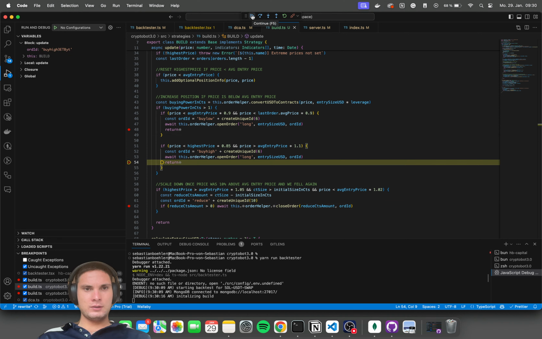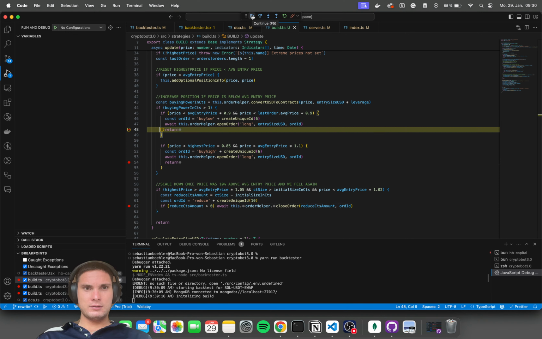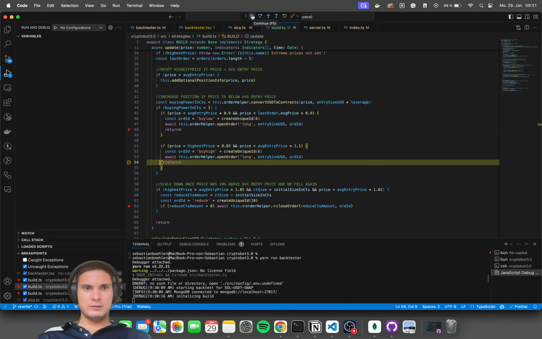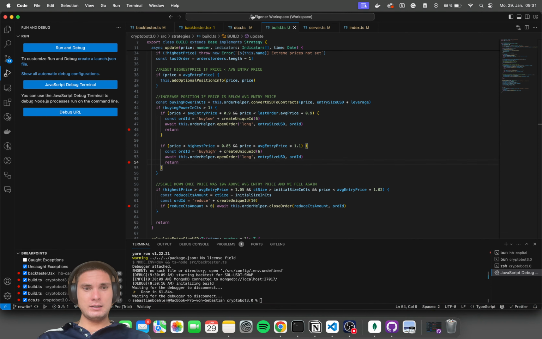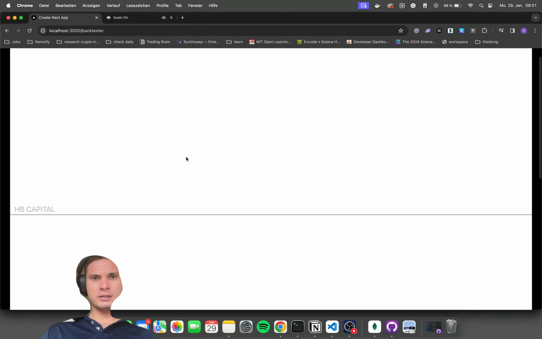We have a reduce, a buy high, a buy high, a reduce, a buy low, a buy high, several buy highs. Okay, so this should now look completely different and exactly like we wanted, I guess.